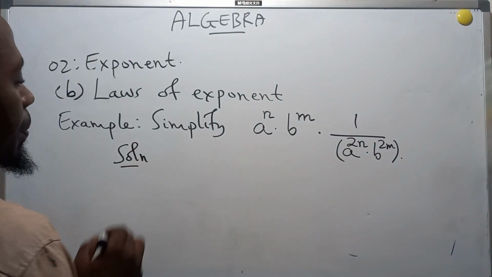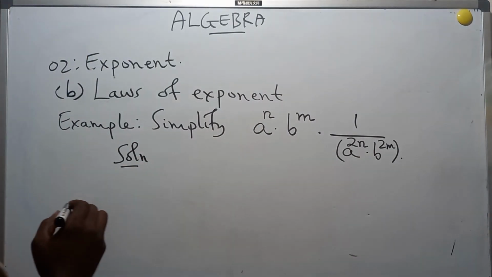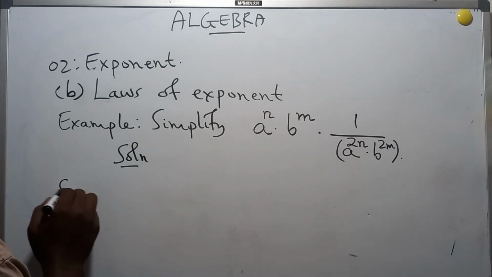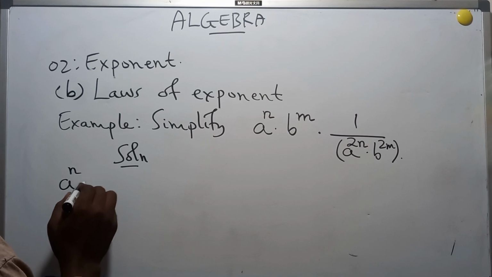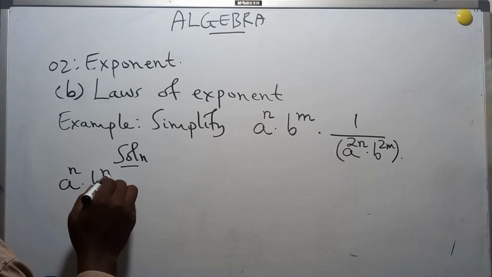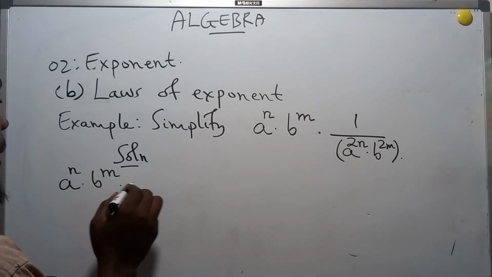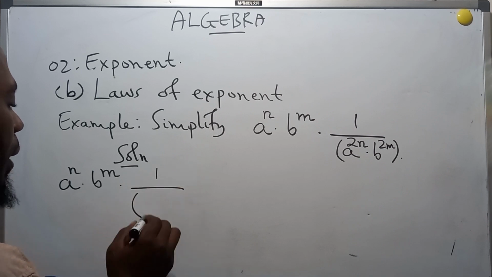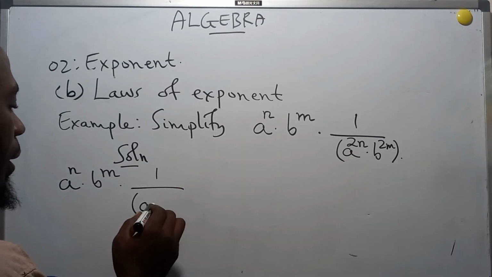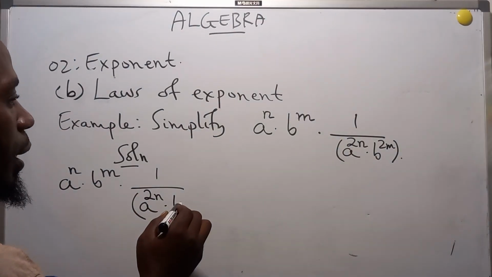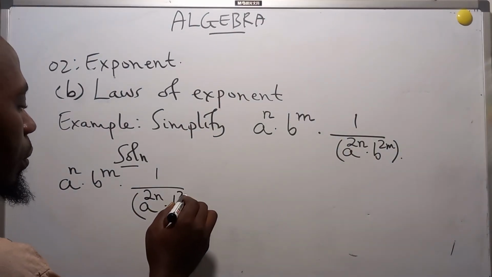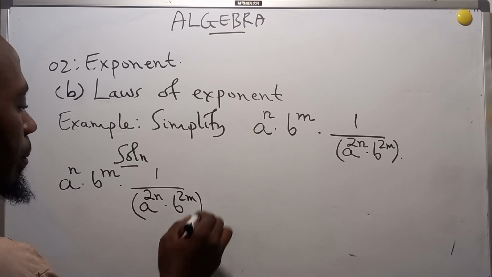Solution. I have this expression: a raised to the power of n times b raised to the power of m times 1 over, in brackets, a raised to the power of 2n times b raised to the power of 2m.